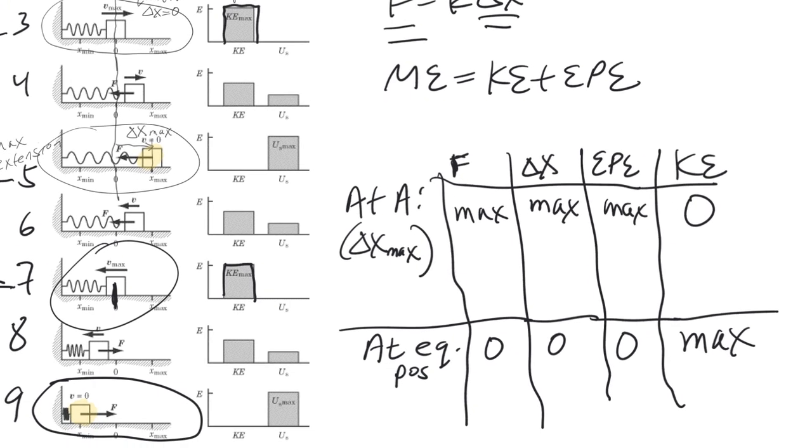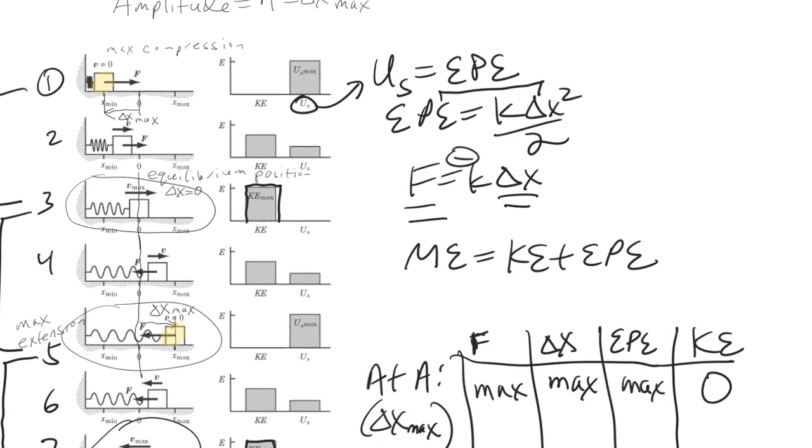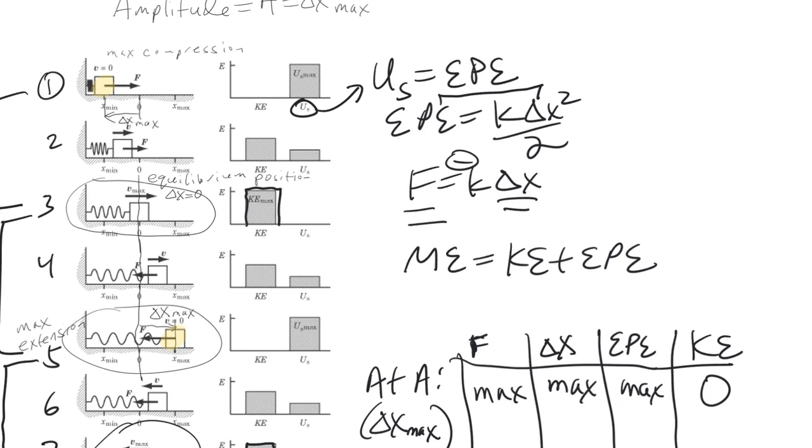There's this back and forth, increasing, decreasing, increasing, decreasing between KE and EPE. When the KE is super big, the EPE is 0.